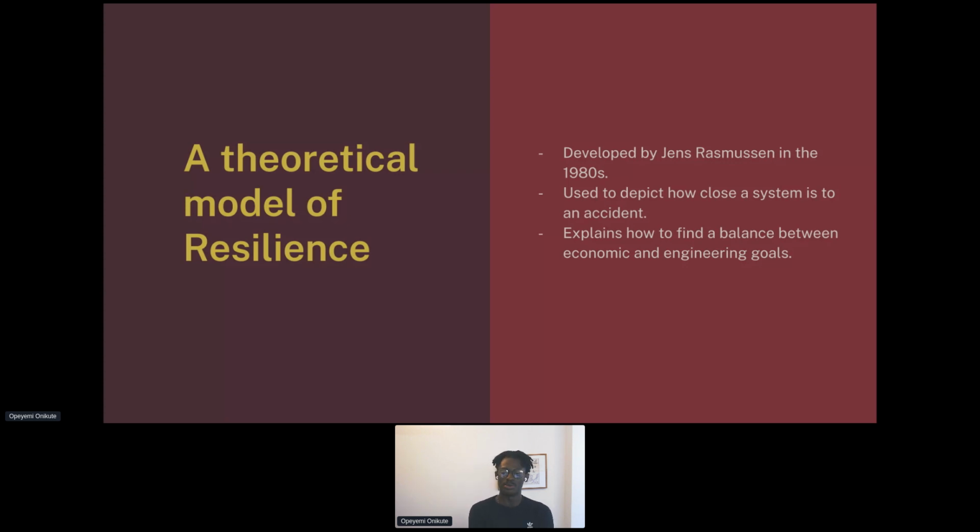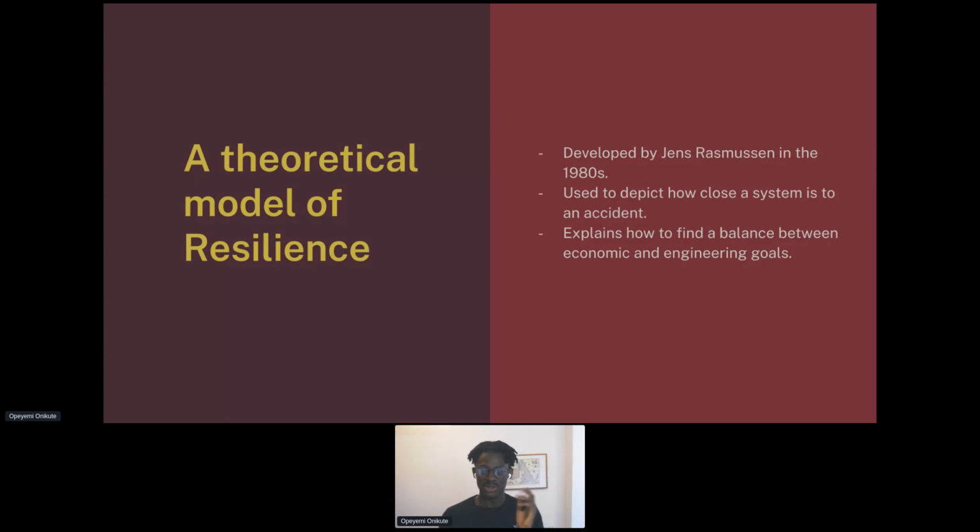People think about incident response in the sense of, oh, things are broken, let me just fix them. But an incident response process will also help you not have these incidents as much as you're currently having them. So the model is used to depict how close your systems are to having an accident, which is an incident in this case. And it also helps you find a balance between economic and engineering goals, which I think everyone will find valuable.